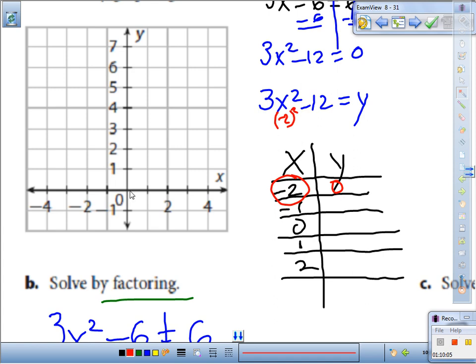Let's plot that. Negative 2, 0. There it is. Next value. What is negative 1 squared? 1 times 3, 3 minus 12, negative 9. Plot that. Negative 1, negative 9, way down here.